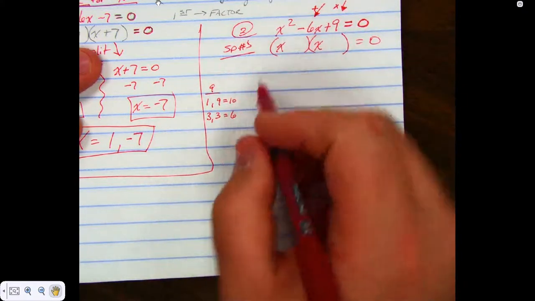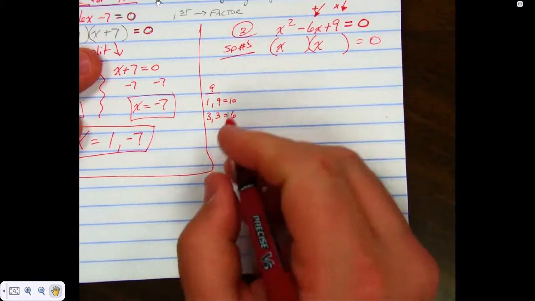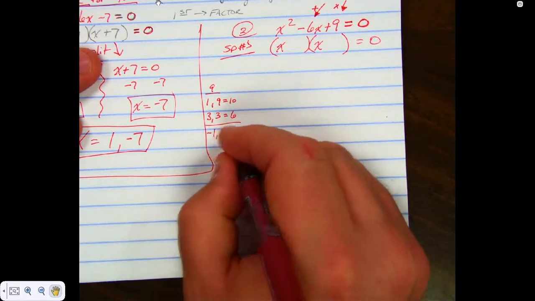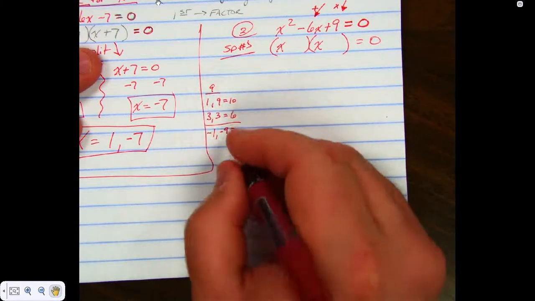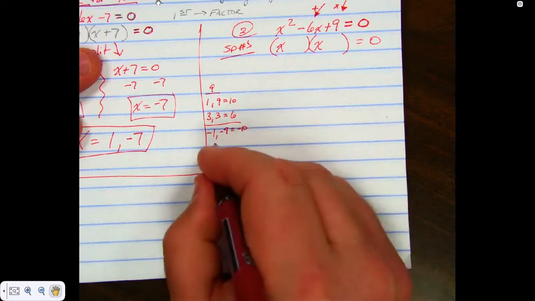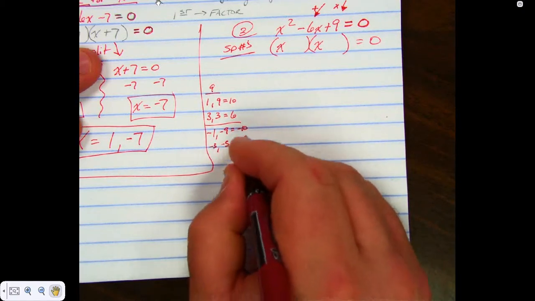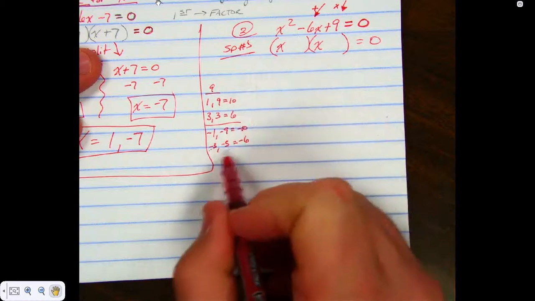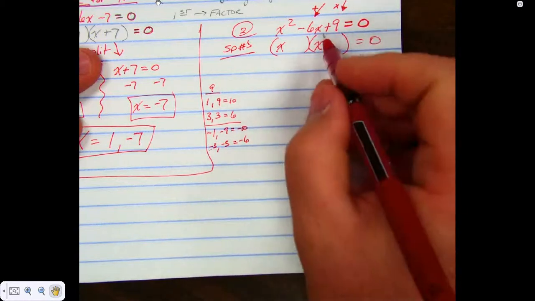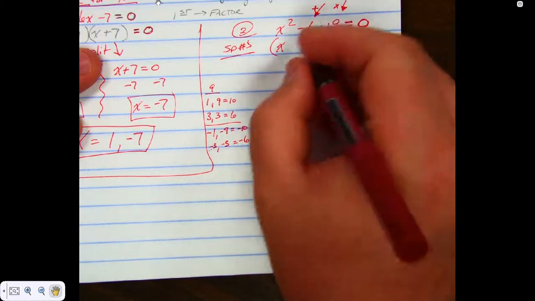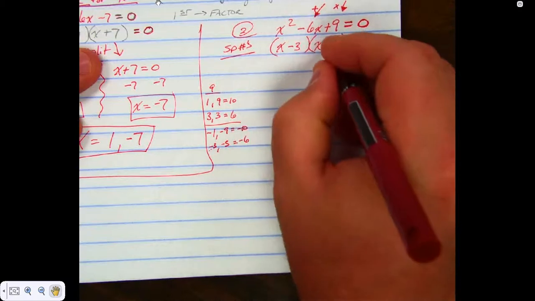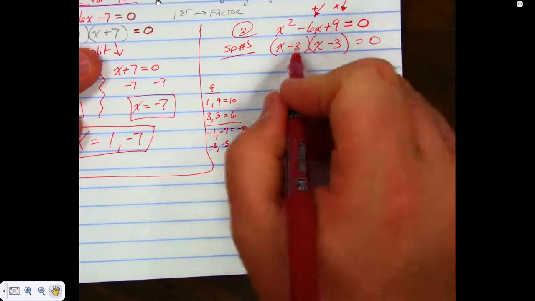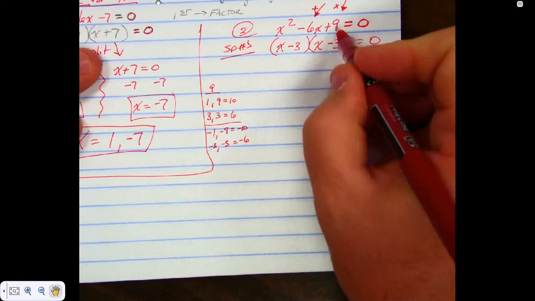None of them are what you need. You need a negative 6. But remember that a negative times a negative is a positive. So negative 3 and negative 3. Negative 3 times negative 3 would be a positive 9, and negative 3 plus negative 3 would be a negative 6, right? So what do I put in here? Minus 3, minus 3.